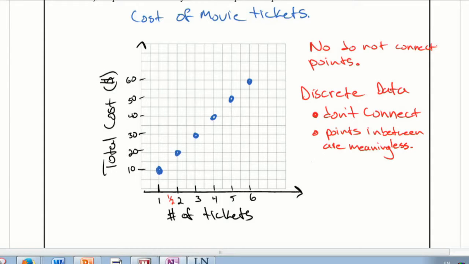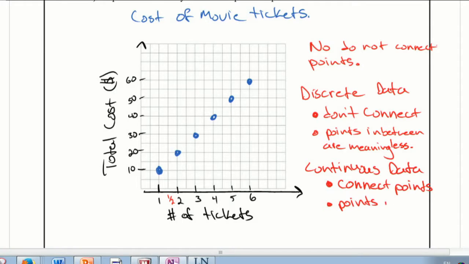Then we could also have continuous data. And these ones we would connect our points because the points in between are meaningful.